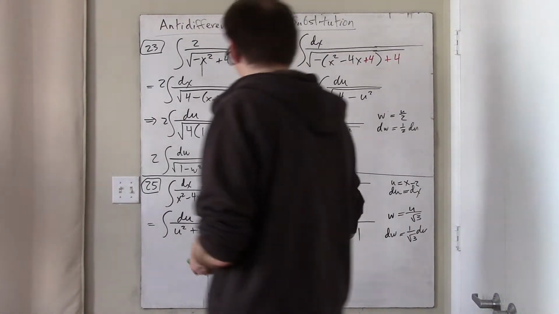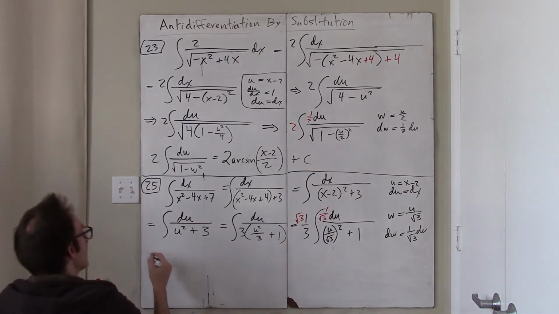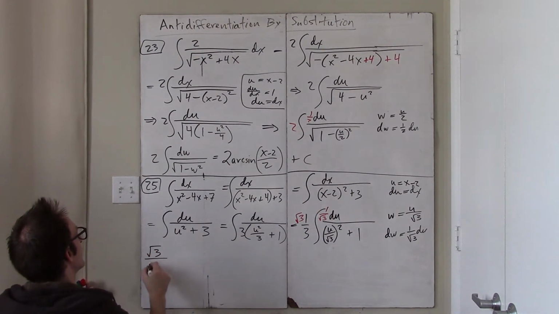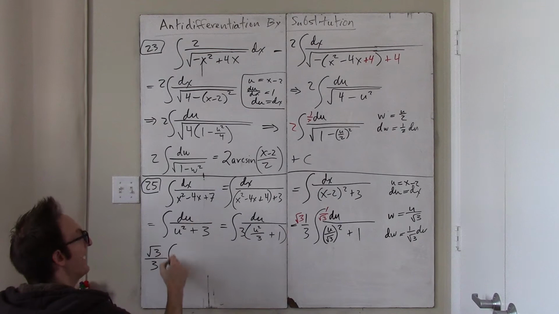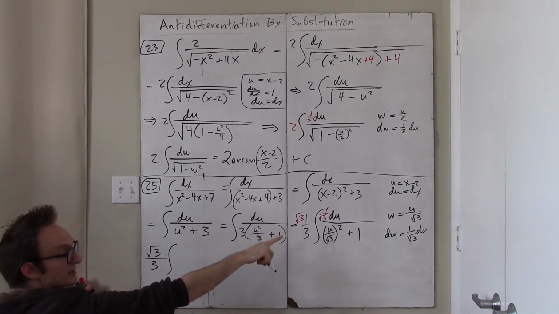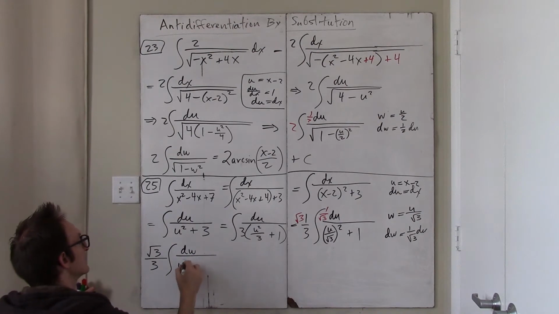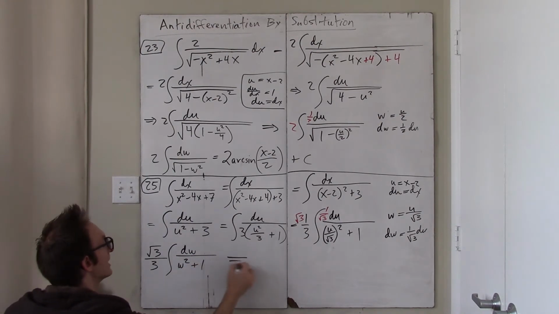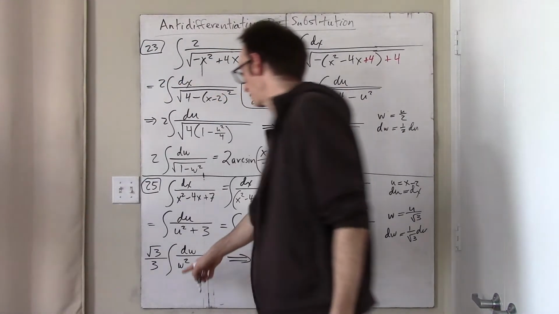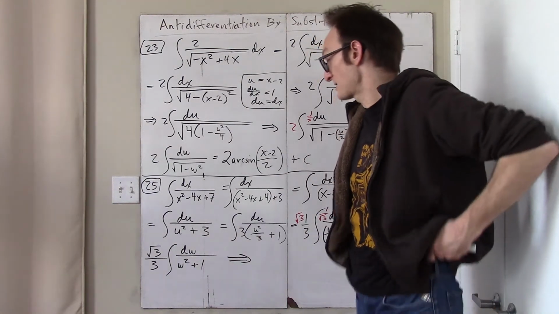So all of that becomes root 3 over 3 times the antiderivative of du over root 3, which is dw, and the bottom is now w squared plus 1. Now I can confidently apply the rule for that, which is arctan.